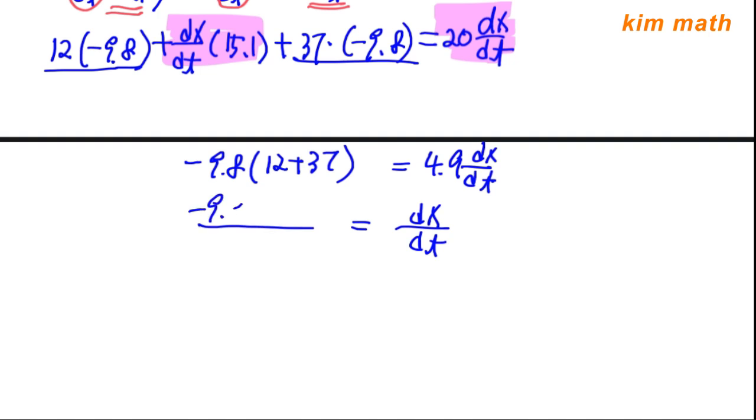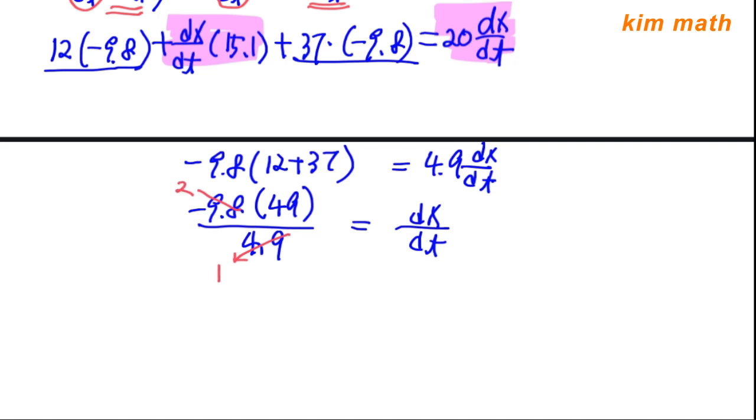negative 9.8 times 49. And what is that? Good. Wow, look at that. 4.9 and 9.8 is just twice, right?